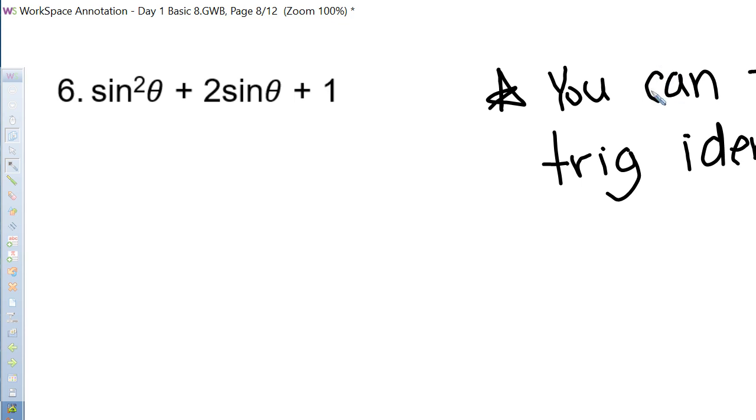And we'll be using this later. But I do want you to factor this as a perfect square trinomial. So when we are factoring perfect square trinomials, put your parentheses with a square. And how do we figure out the binomial that goes inside?